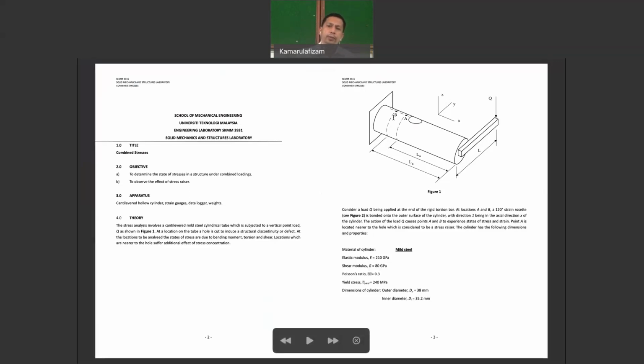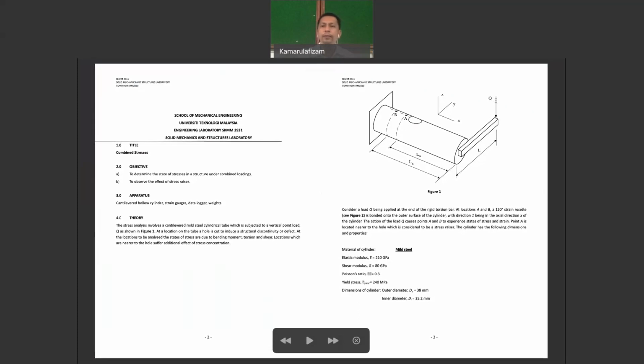This is where the sensors, the strain gauges, are attached. For sensor A, you have a length LA from the point of load, and for sensor B, you have LB, the length from the sensor to the loading point. You also have L and Q, where Q is where you put the load.